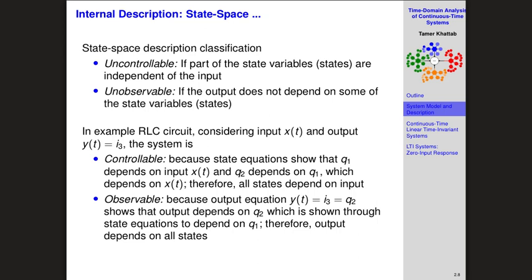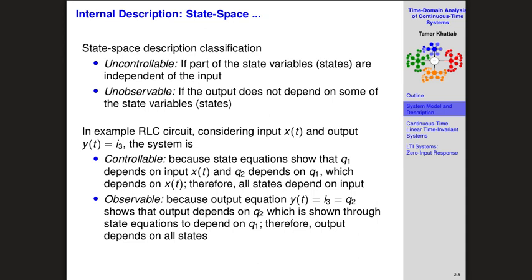Now, when we do the state space representation, we forget about the elements and the components, and we look only at the states. If the input is affecting every single state, or in other words, if when you look at the state equations, you see that all the states are dependent on the input somehow, either directly or indirectly, then this system is controllable.